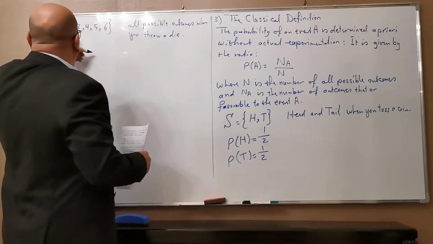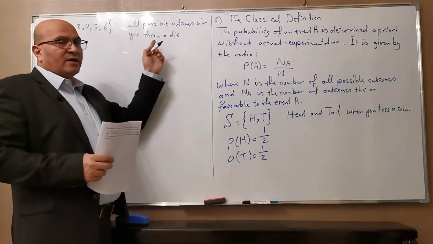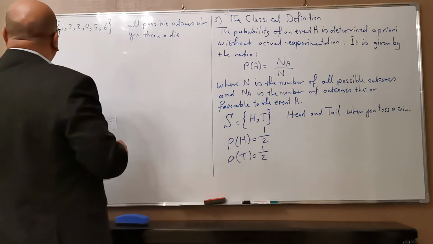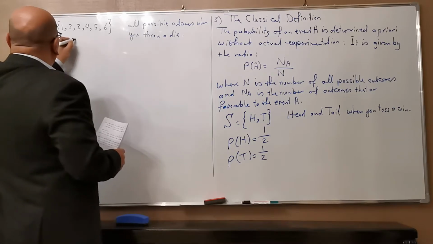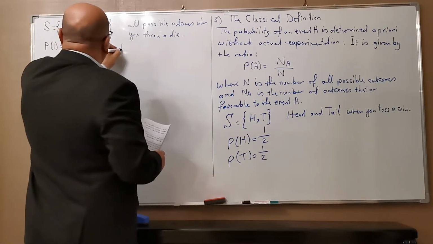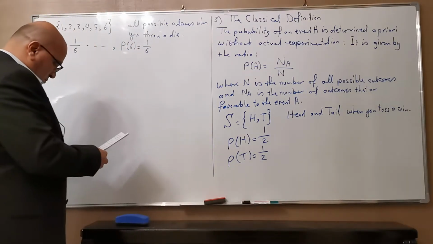So when you throw a die, you have 6 possible outcomes. Okay. Probability of 1 is equal to 1 over 6, and probability of 6 is equal to 1 over 6.